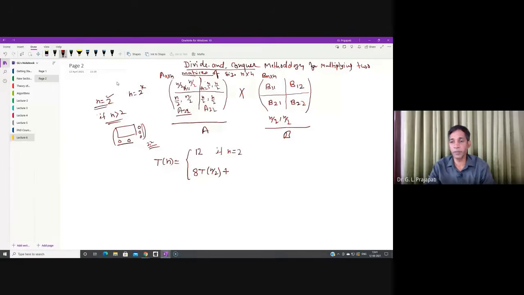If you have two n by n matrices A and B and you want to add A plus B, each of size n by n, what operations do you require? How many entries are there? n square entries. So you just require n square additions.